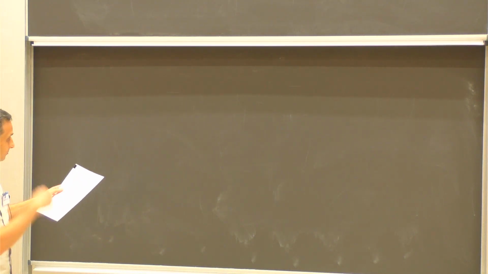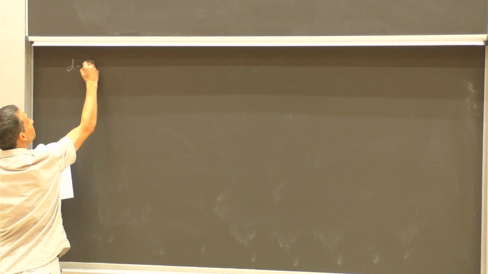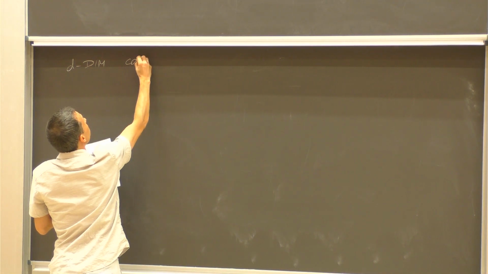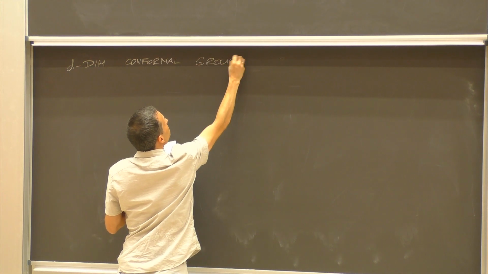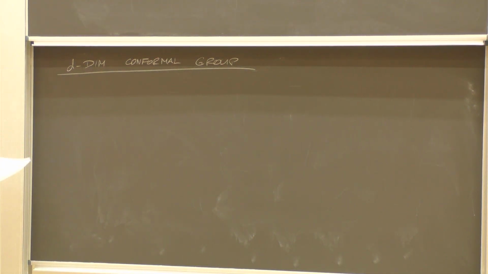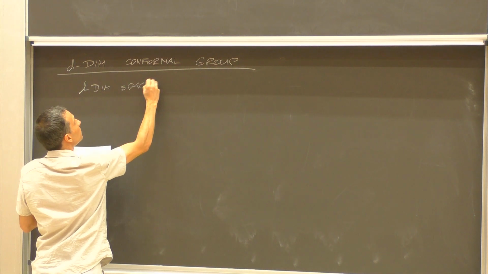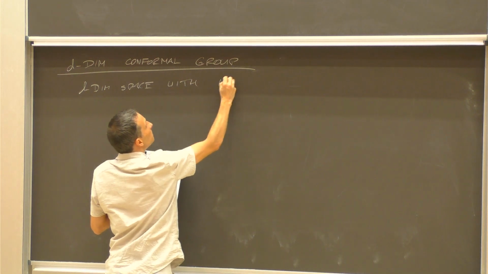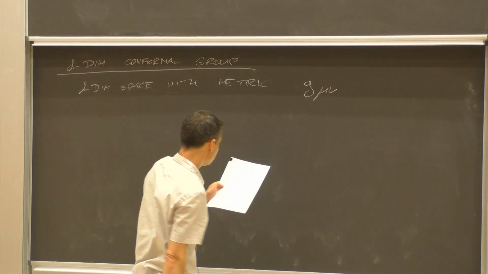All right. And well, to start with, I will recall some information about the conformal group. And even though I'm supposed to talk about 2 dimensions, I will start with arbitrary dimension. So I will consider a d-dimensional space with metric g_{μν}.